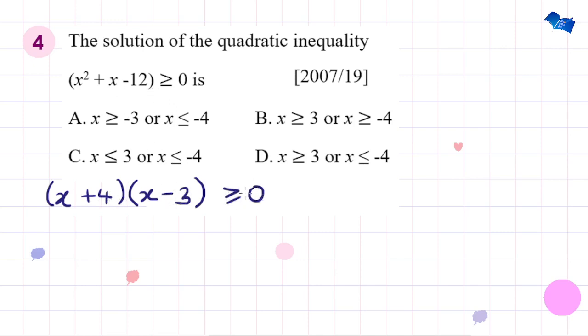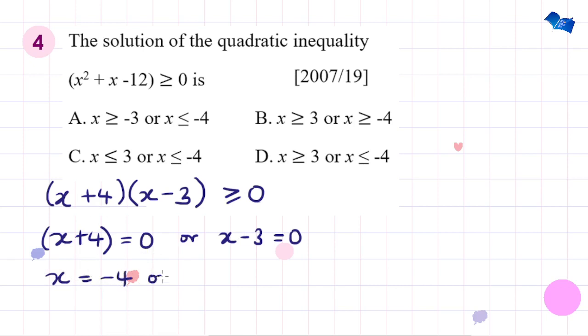Greater or equal to 0. So now we can say x plus 4 is equal to 0 or x minus 3 equals 0. So that x will be equal to minus 4 or plus 3, right?